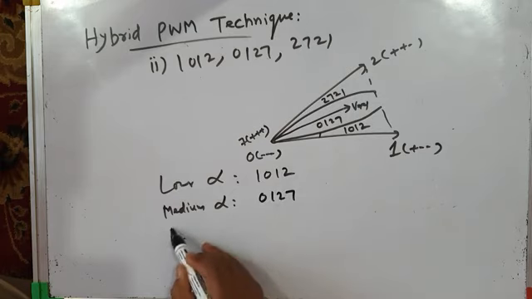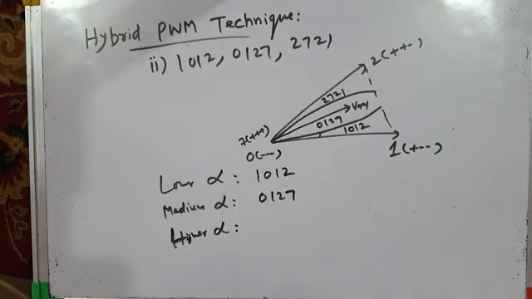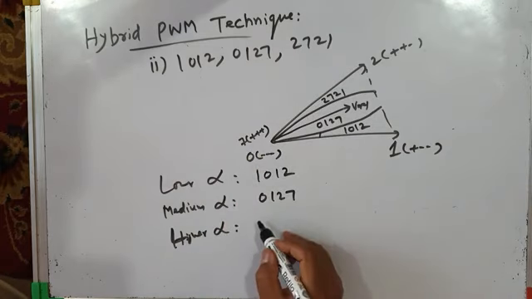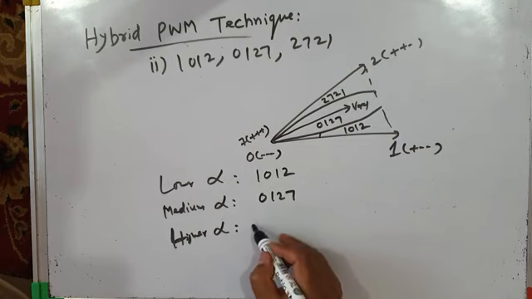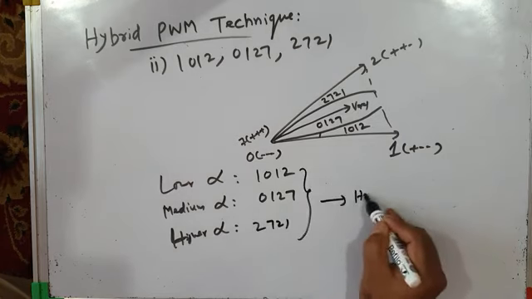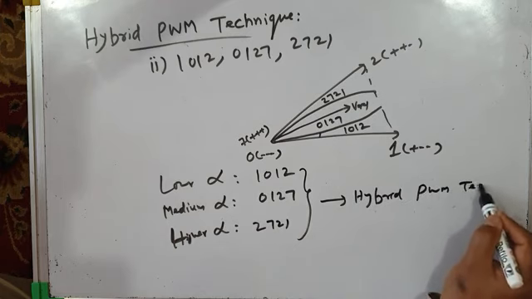And for higher values of alpha, when your reference vector is somewhere here close to active vector 2, we use the advanced bus clamping PWM technique again, with switching sequence 2721. So this is another example of hybrid PWM technique.